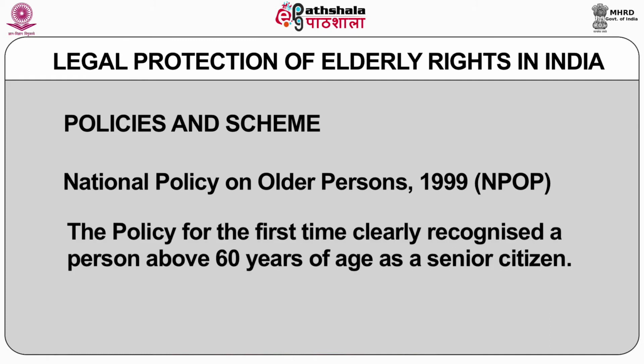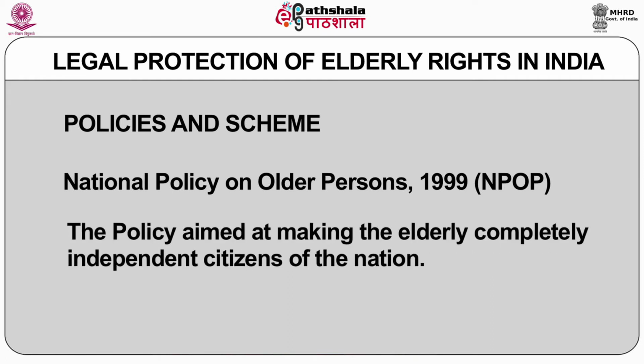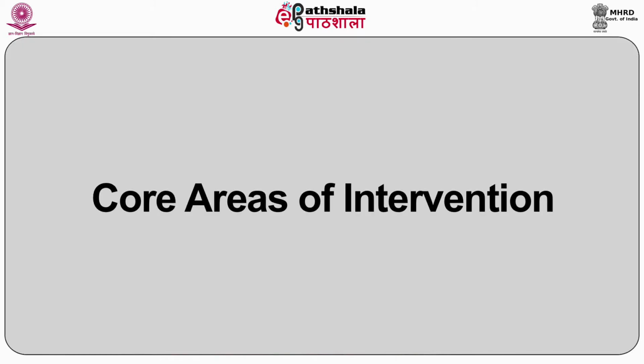The policy for the first time clearly recognized a person above 60 years of age as a senior citizen. The policy aimed at making the elderly completely independent citizens of the nation. So now we would look at the core areas of intervention.